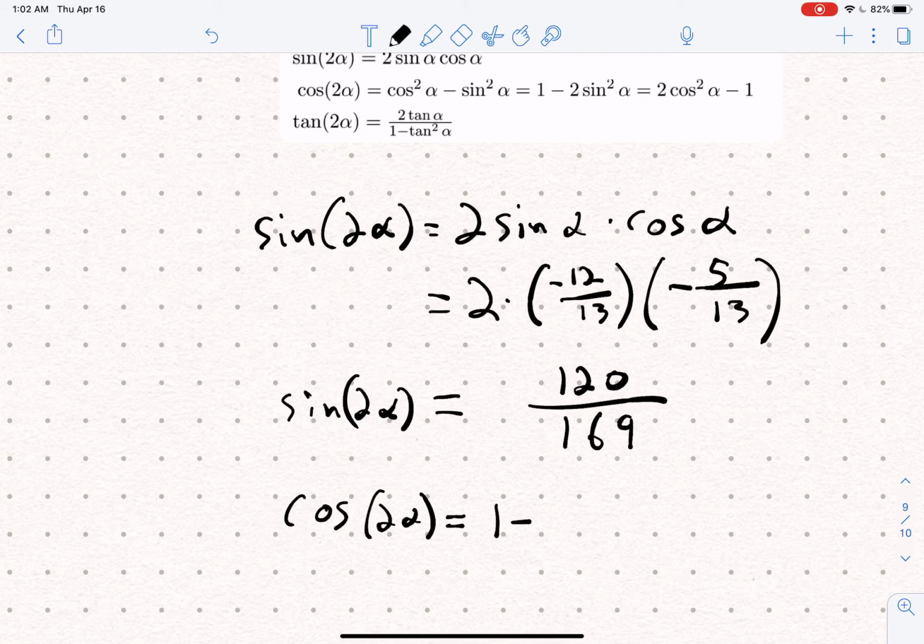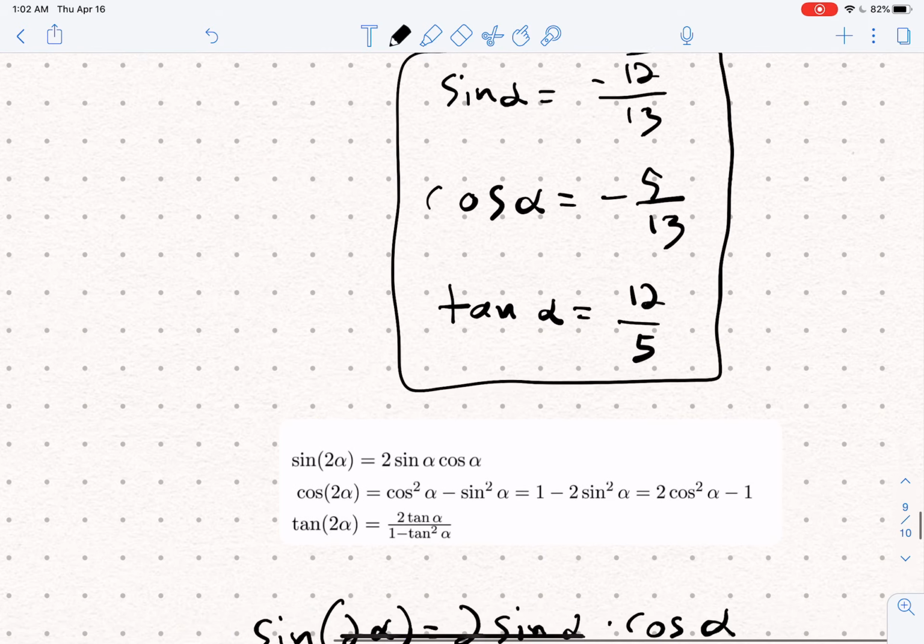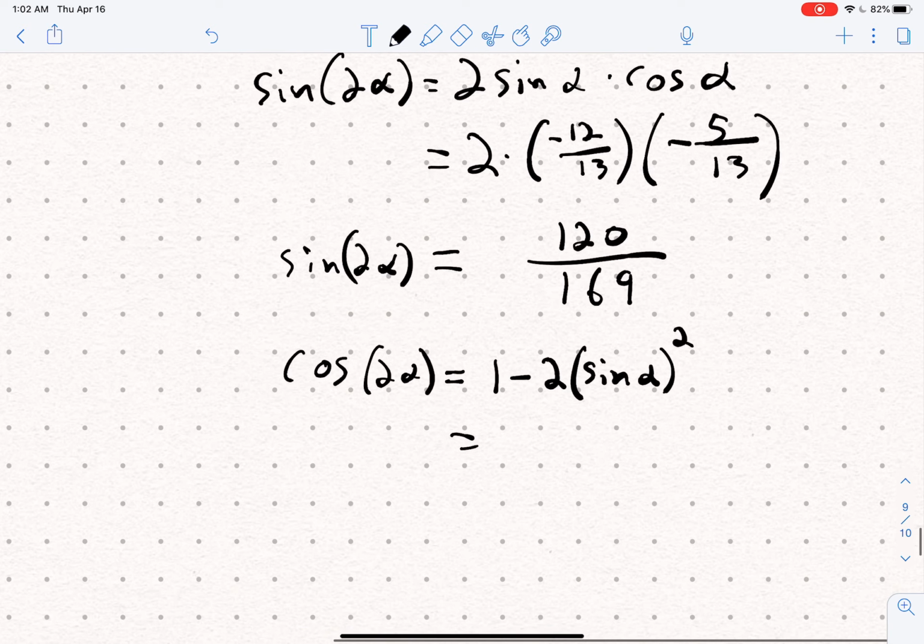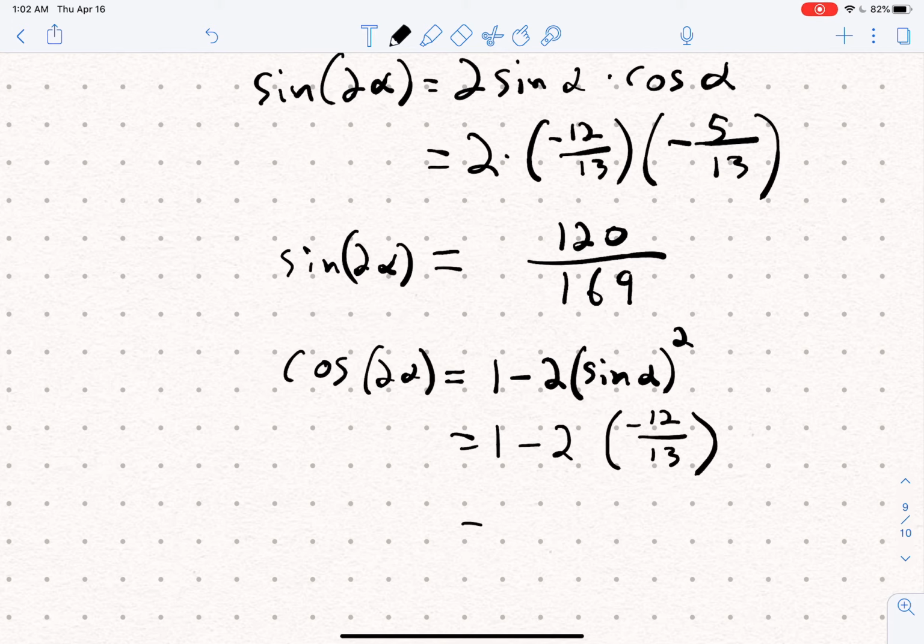So 1 minus 2 times sine squared alpha really means sine of alpha, whole thing squared. And the sine of alpha, we found already, is negative 12 over 13. So this is 1 minus 2 times negative 12 over 13, squared.